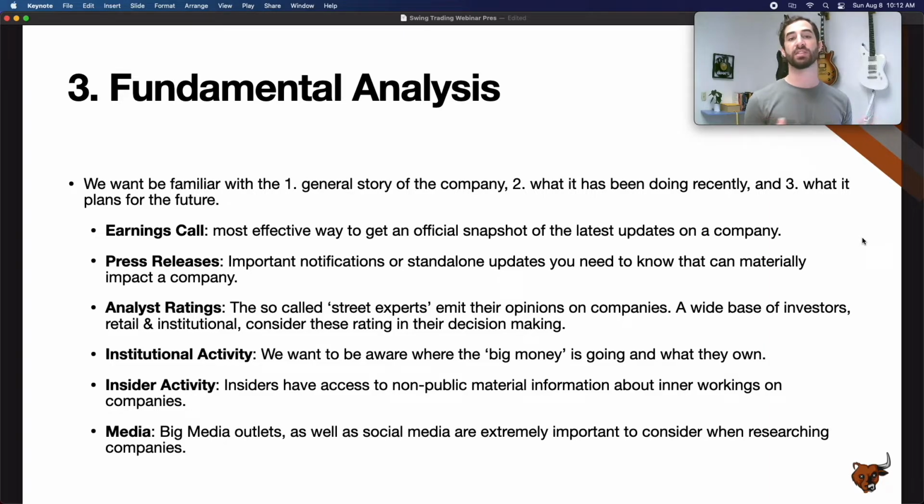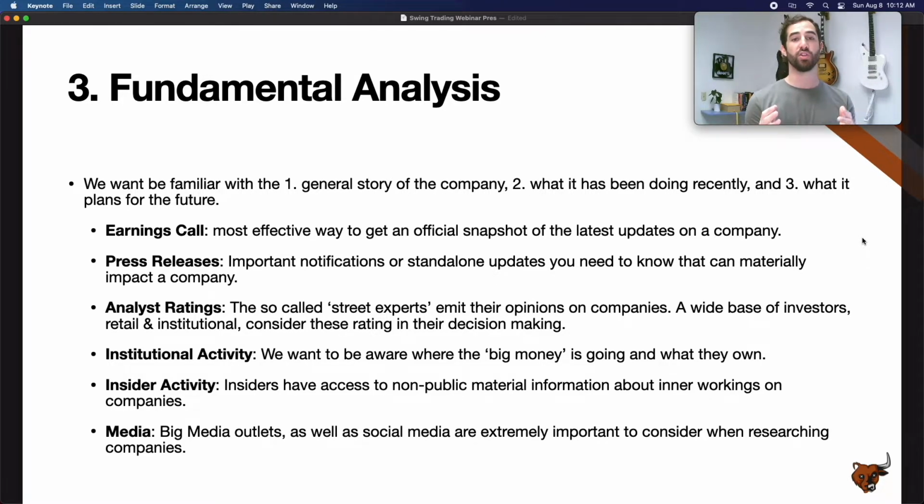Okay, so the way that we do this, the most effective, easiest, and simplest way that I think you can do this, is just look at the earnings calls. Okay, look at the last 2, 3, 4 earnings calls and make sure to include the last annual earnings call as well. So earnings calls are typically done on a quarter basis. So you will have 4 earnings calls in a year, where they're doing quarters, and then they'll do the last quarter included with the results for the entire year.